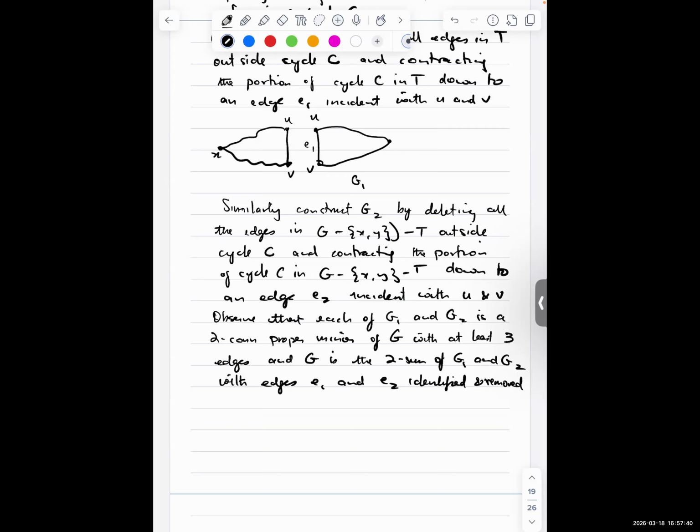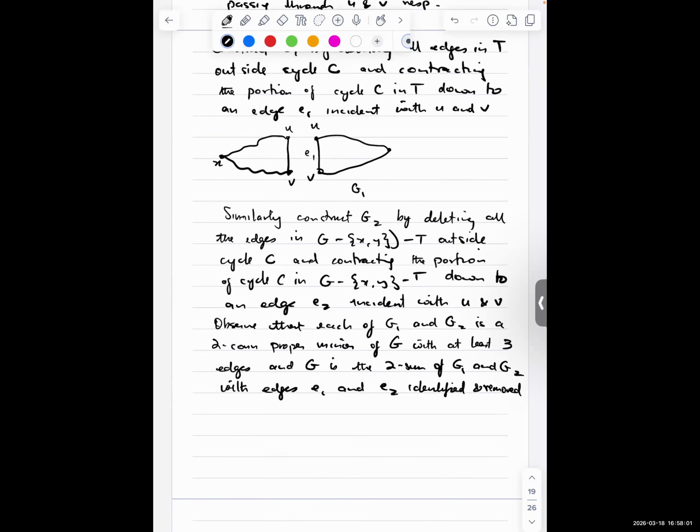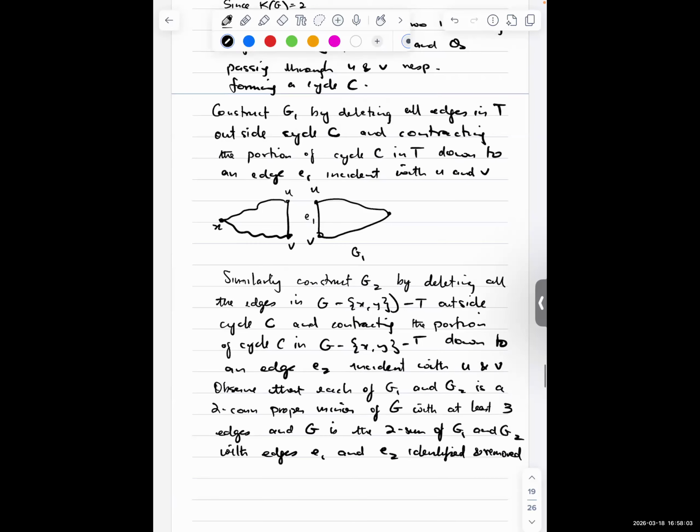Right? G was the original graph. It's missing all the internal edges of the cycle. We deleted everything and contracted the cycle down. So why is G the two-sum of G1 and G2? Because it doesn't have the deleted edges anymore. So what we do over here is we are defining G1 and G2, right?